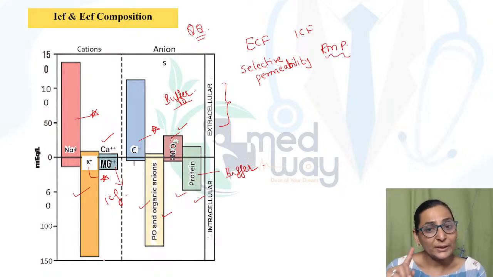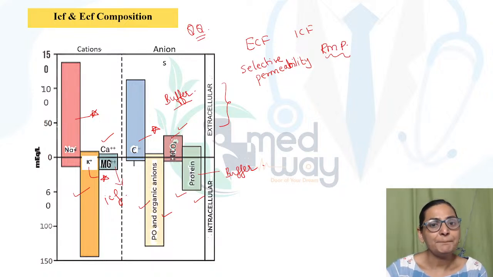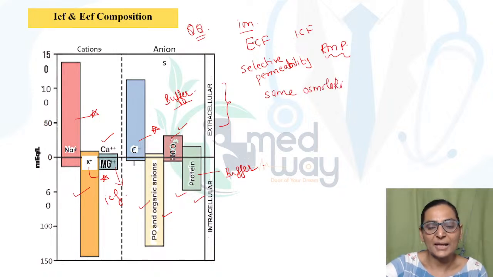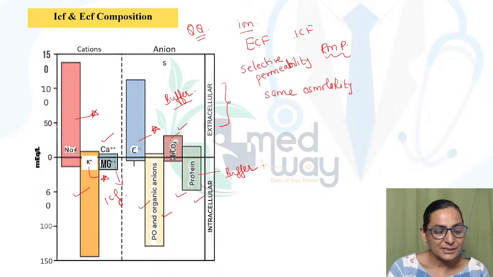और यहाँ पर हमको एक बात और याद रखना है, that between ECF and ICF there is a difference in the ion concentration, but both of them will have the same osmolarity. If the osmolarity changes, then what will happen?